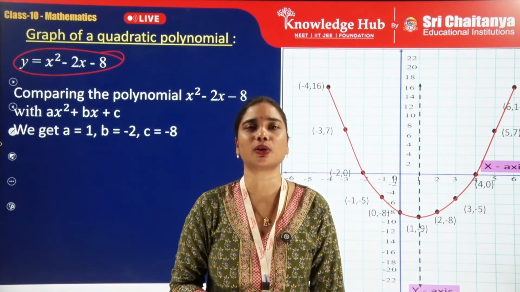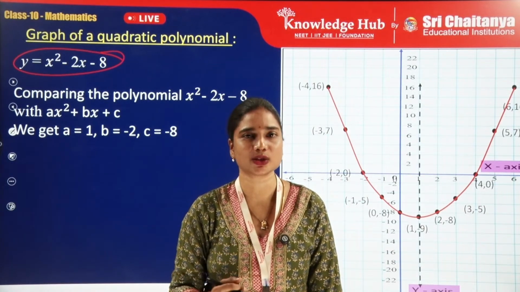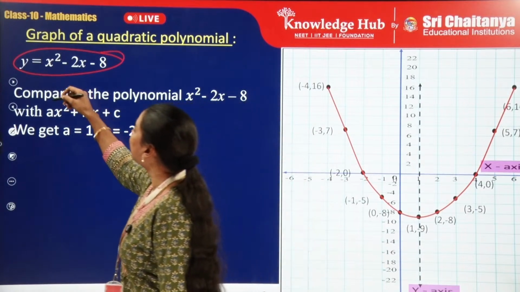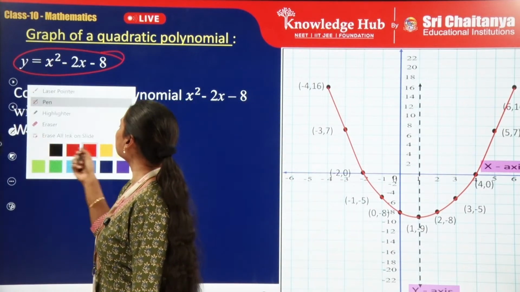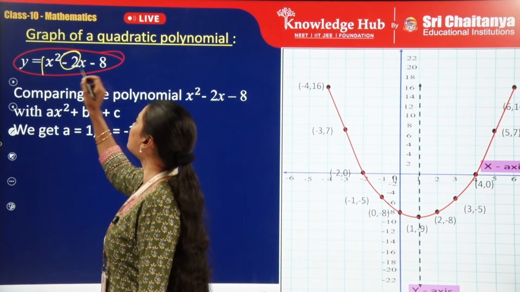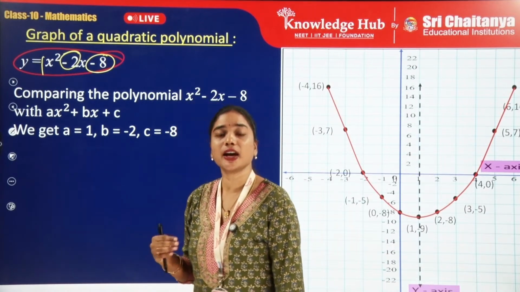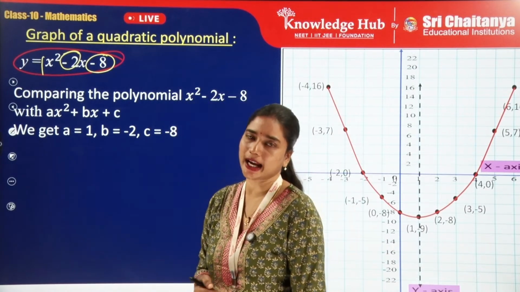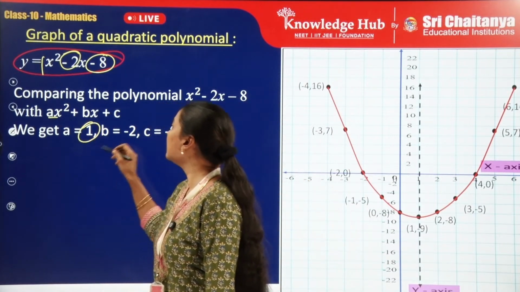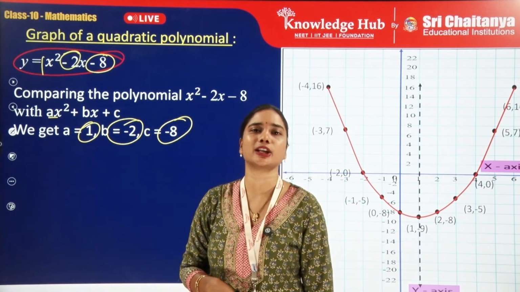Find the values of a, b, c, which are the coefficients of x square, x and the constant. The coefficient of x square is 1, the coefficient of x is minus 2, and the constant term is minus 8. We have to consider the negative sign along with it. So a is positive 1, b is negative 2 and c is negative 8.